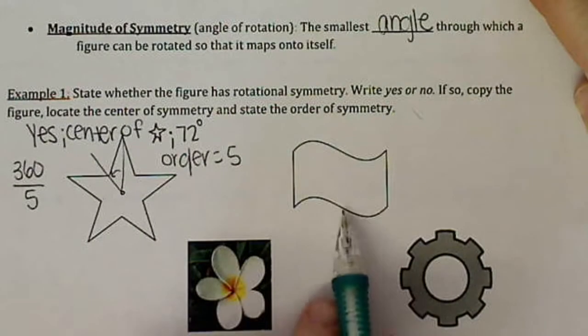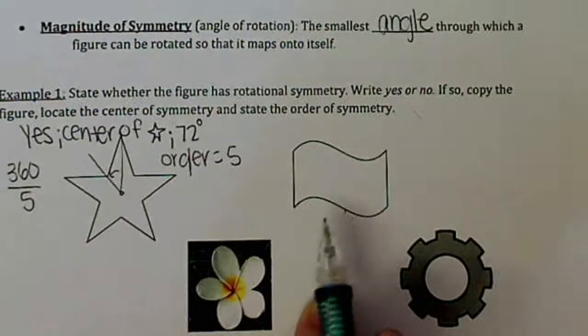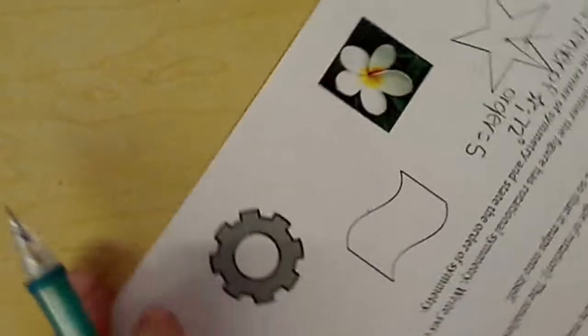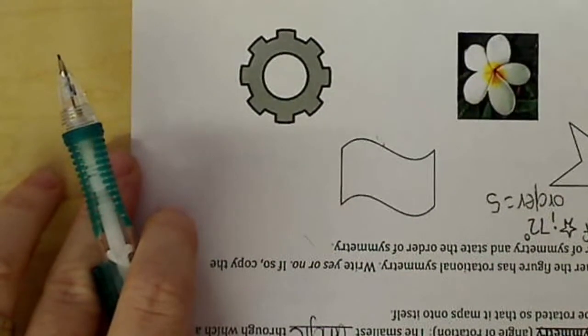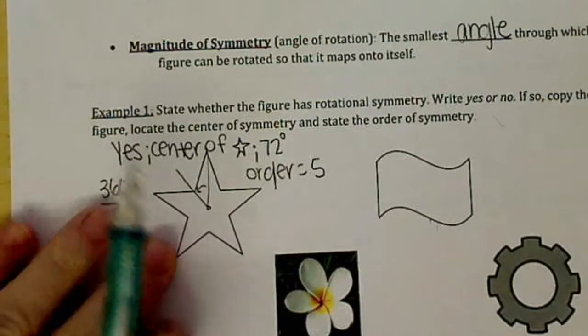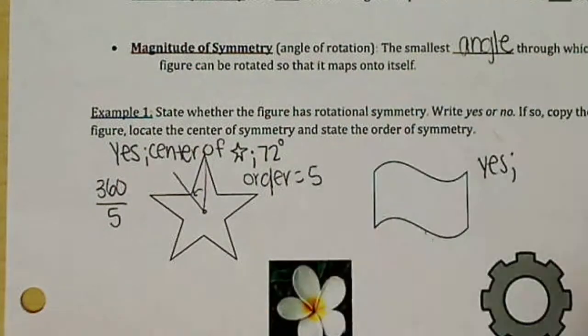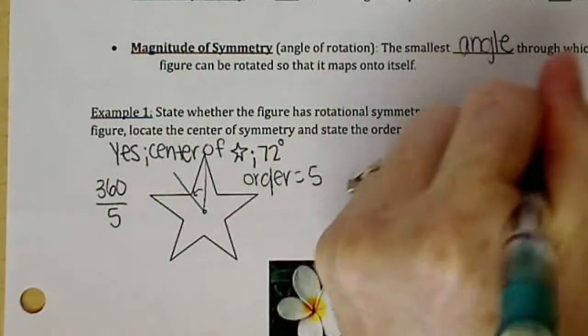Let's look at this wavy shape over here. If I rotate it, will it look the same? Let's rotate it. No, not yet, not yet, not yet. Hey, now it looks the same. So we rotated the paper upside down. So yes, and the center of symmetry is also the center of this shape.